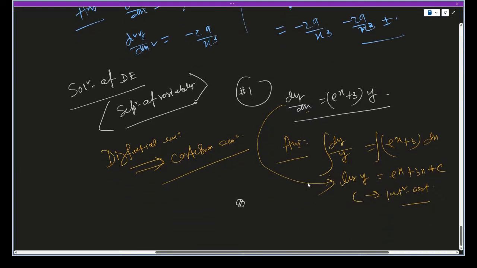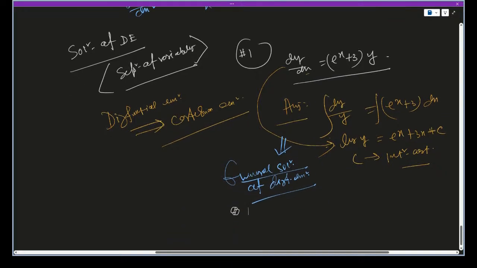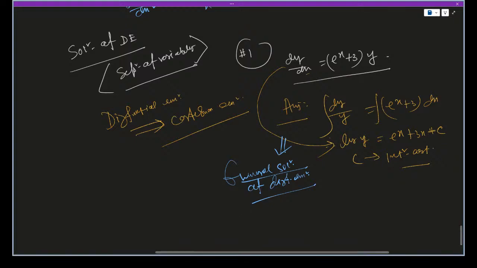Okay? And where c is involved, then it is general solution of differential equation. We will be referring this as general solution of differential equation. But if there is a way of finding this c, that is called particular solution.